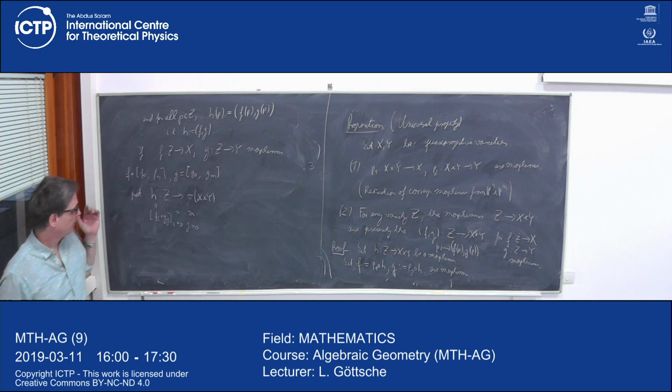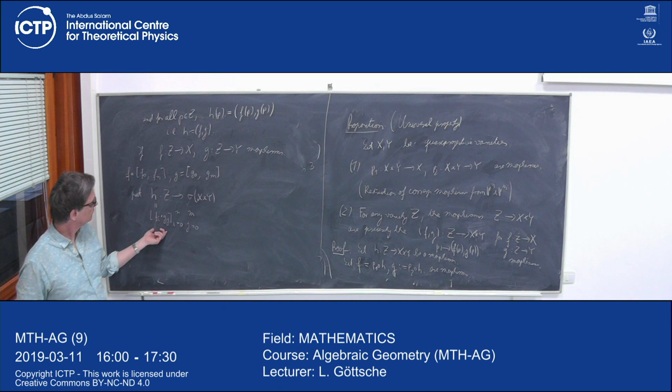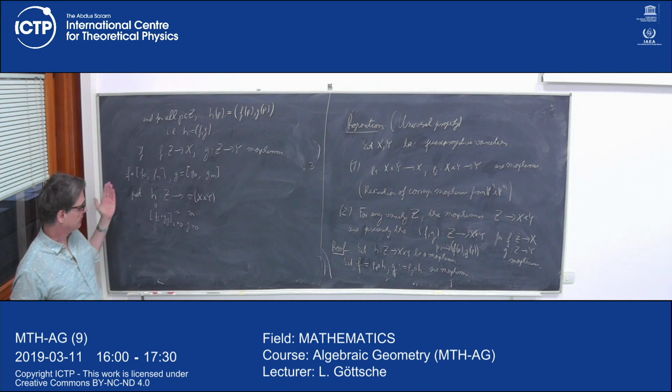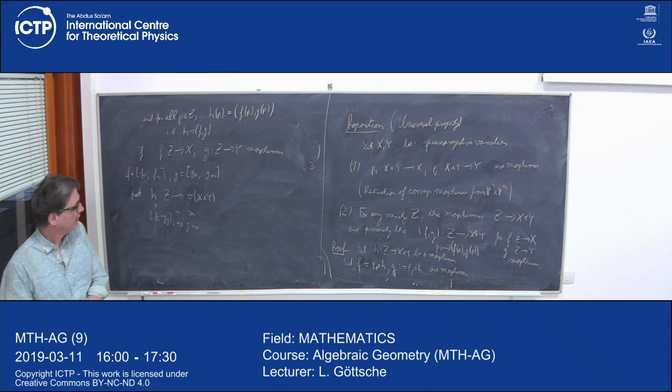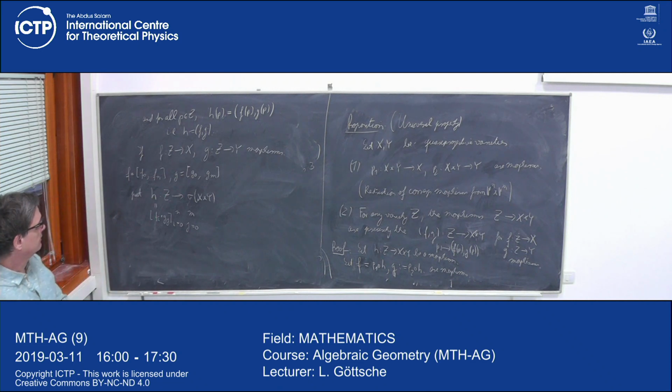If that's a rational map, you can see that this will also be defined everywhere. So this is a morphism.